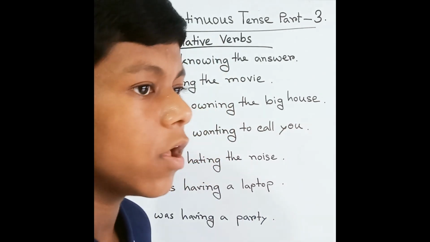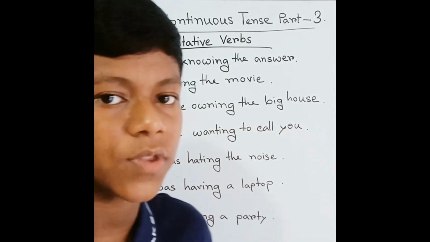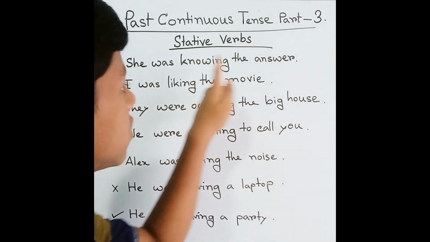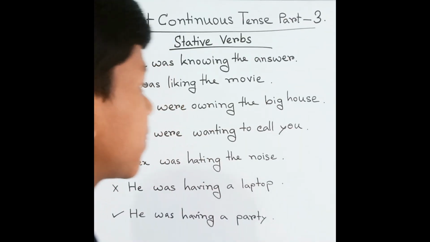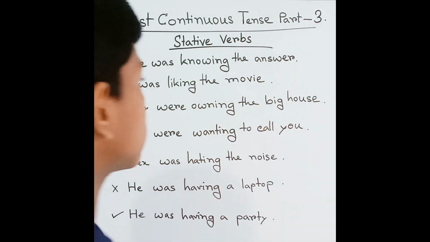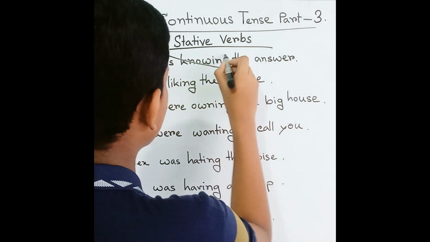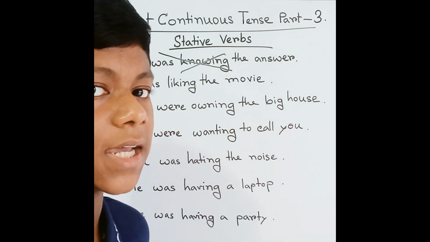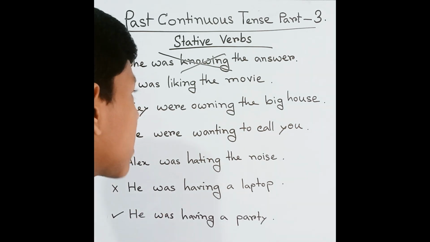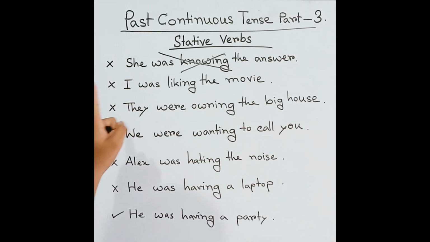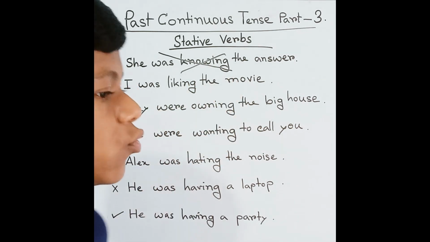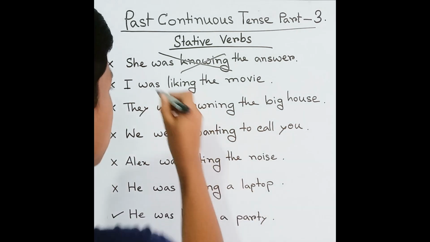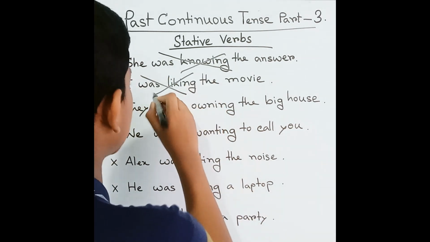It's wrong to say "she was knowing the answer." It won't be correct in the past continuous tense. The next is "I was liking the movie." Same here, it's also incorrect.